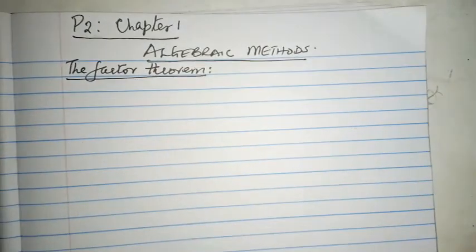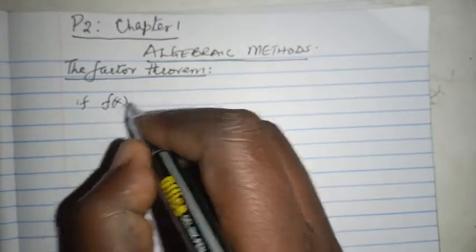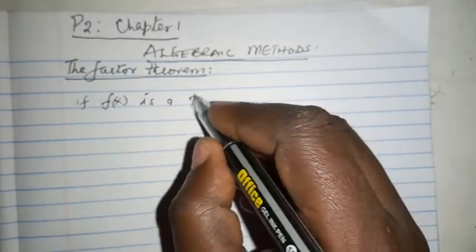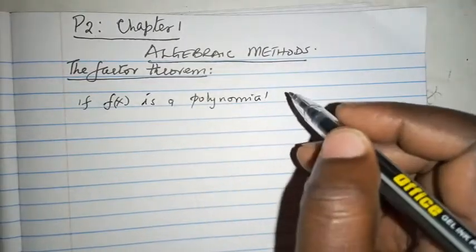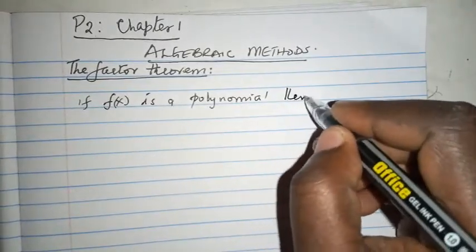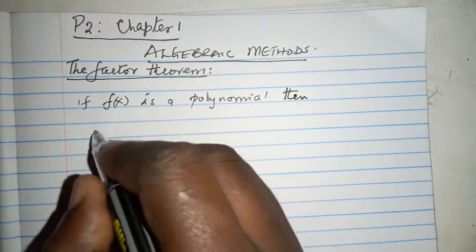And of course, we need to understand that the factor theorem states that if f(x) is a polynomial, then the following facts will follow. 1.